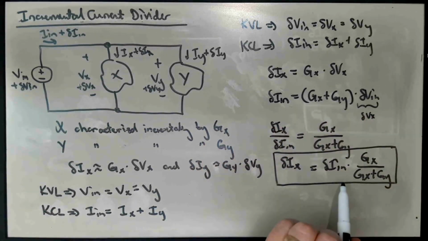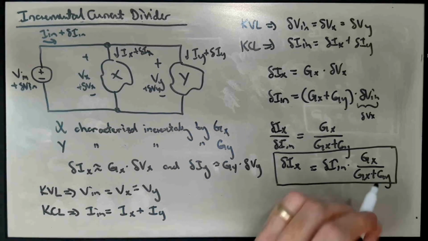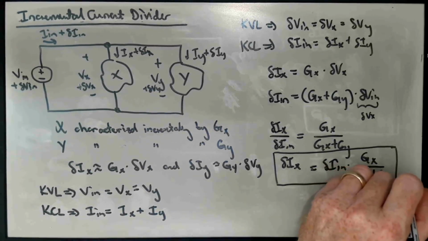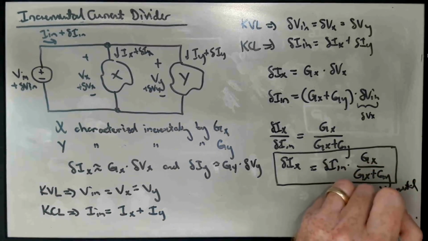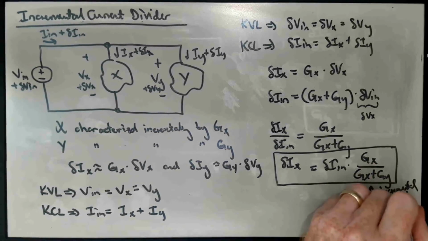And this is exactly our two-way current divider, with a current divider ratio expressed in terms of conductances. So this is the incremental current divider ratio.